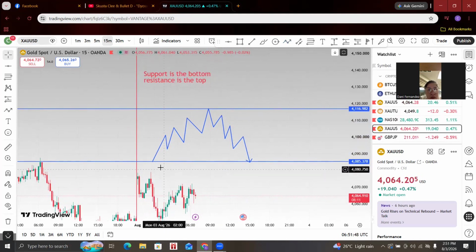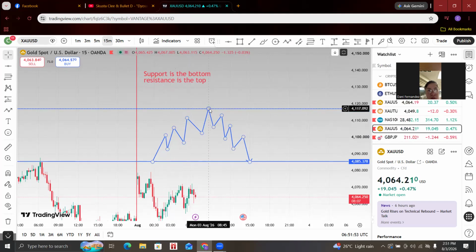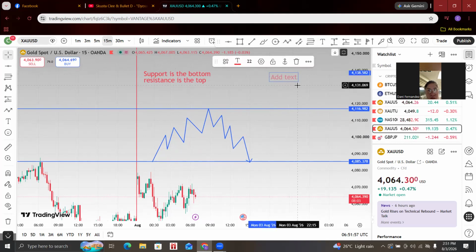Okay, so it's going to touch the support, it's going to touch the resistance. But this is one thing that you have to remember when it comes to support and resistance, right?